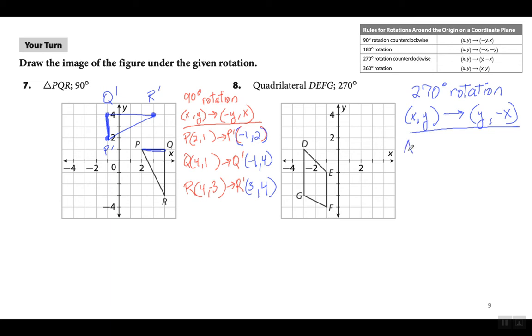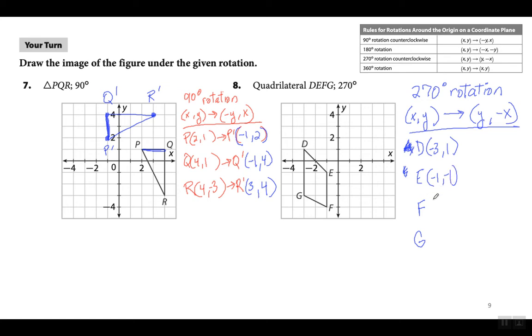First thing I'm going to do is write the... I should have looked at the letters, huh? Let me try that again. First thing I'm going to do is write the letters here for the pre-image, D, E, F, G. D is located at (-3, +1). E is located at (-1, -1).